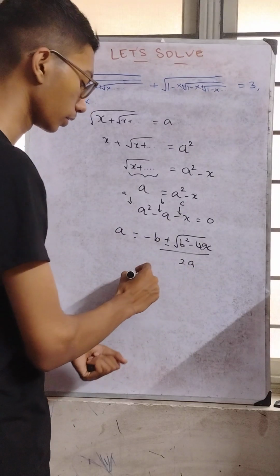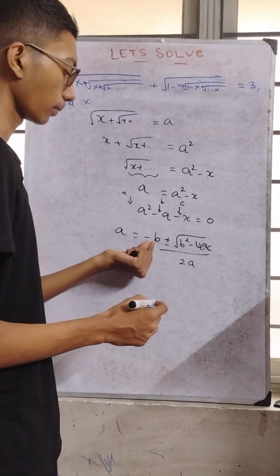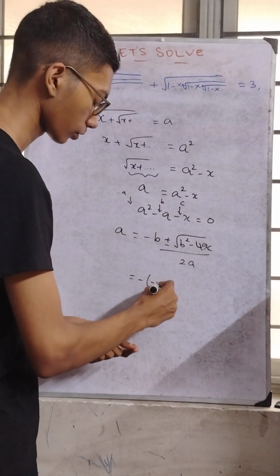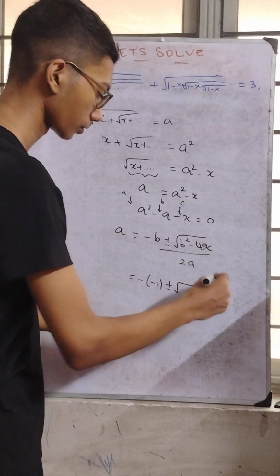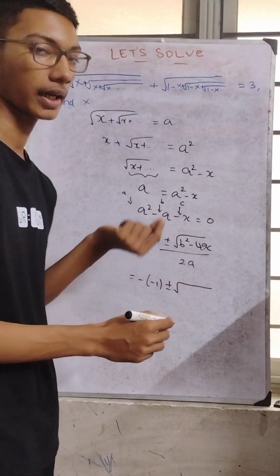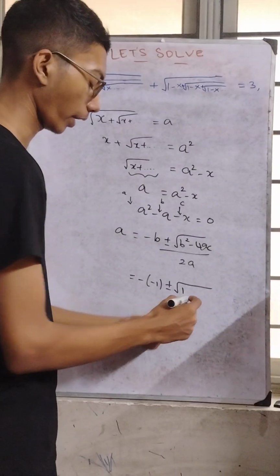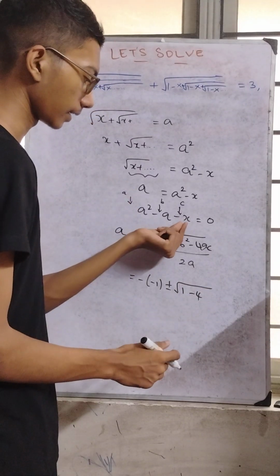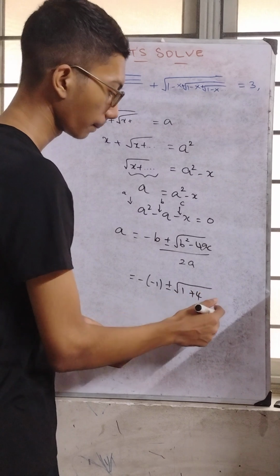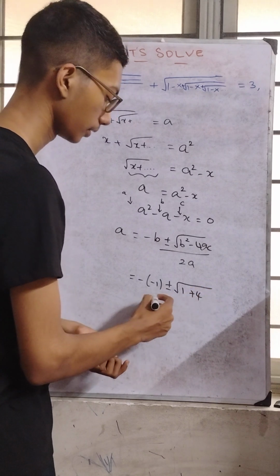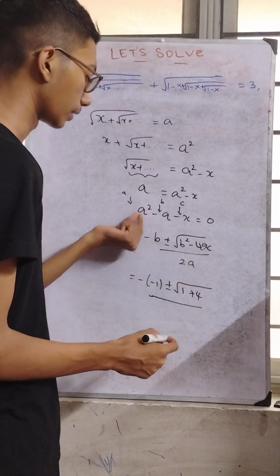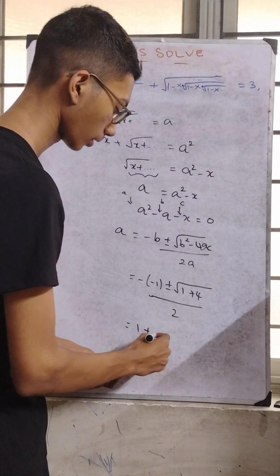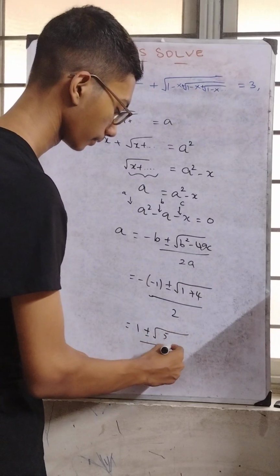So just substitute in this formula. Minus b, so here b is minus 1. So minus of minus 1 plus or minus root b square. b is again minus 1, so we get 1. Minus 4 times a here is 1. c here is minus 1. So we get 1 plus 4 times 1 by 2a, which is just 2. So the final value is 1 plus or minus root 5 by 2.